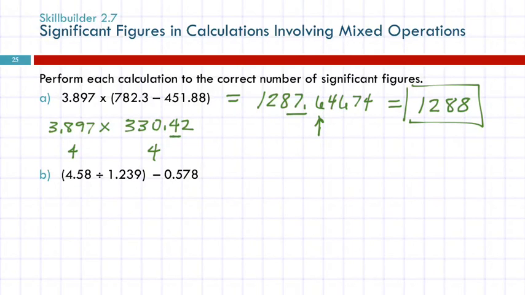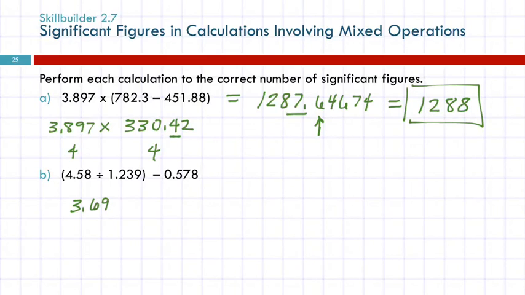So let's do this next one. 4.58 divided by 1.239. Press the equals button, see what it gives you, write it down. 3.69, this is giving me a whole mess. Let's think about this. This is dividing, right? Am I counting sig figs or decimal places? Sig figs.